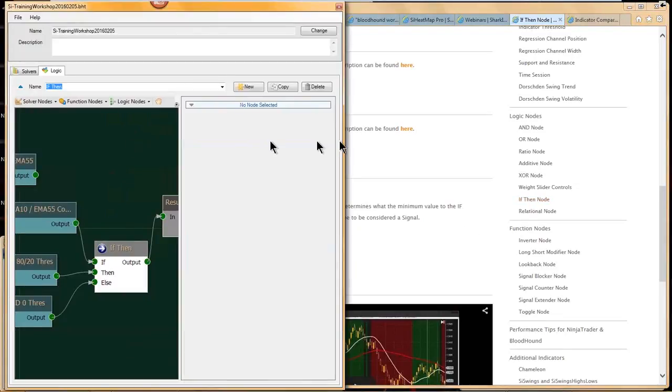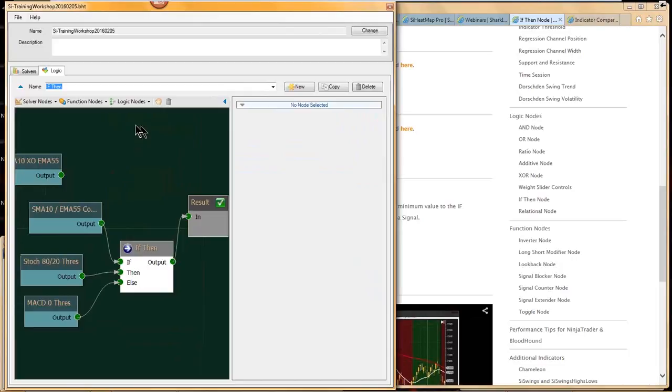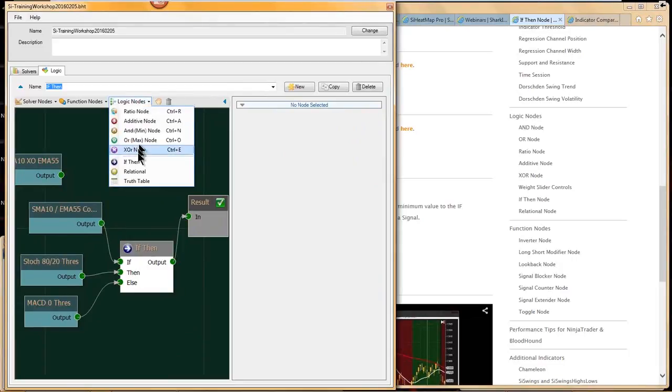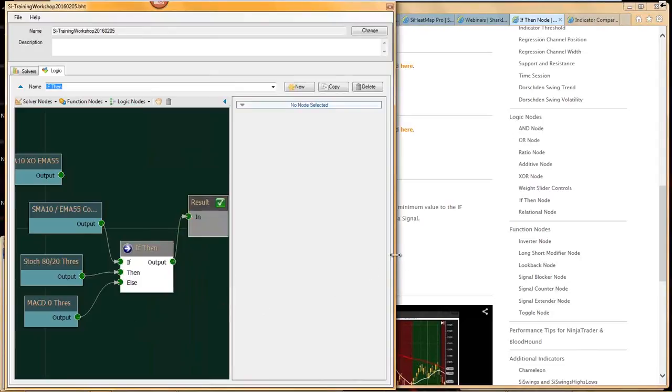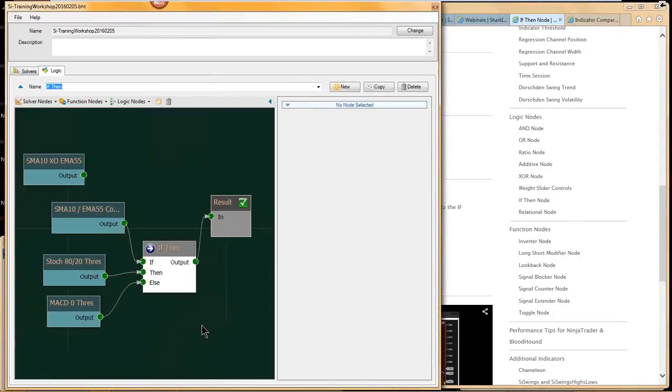And if you look at BloodHound, you'll see from the logic node menu, the if-then is underneath the logic node menu there, just the exact same as this menu shows here. So that should cover it for the if-then.